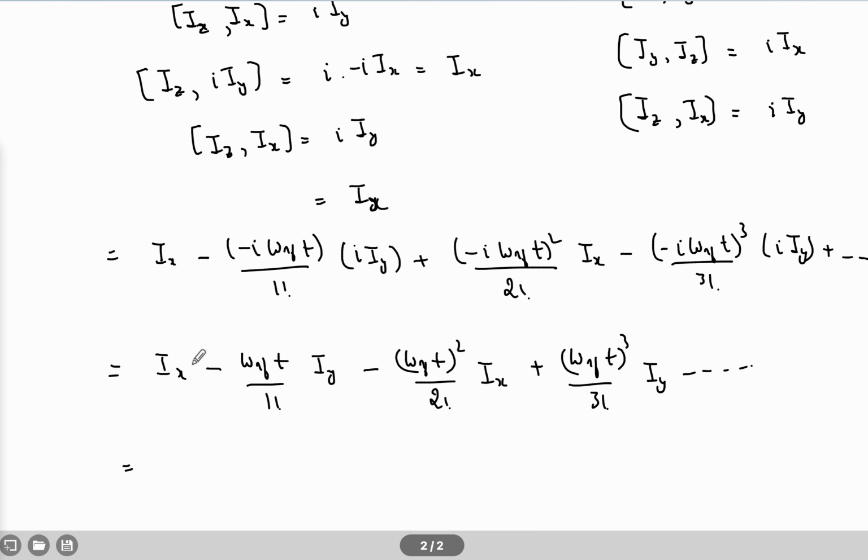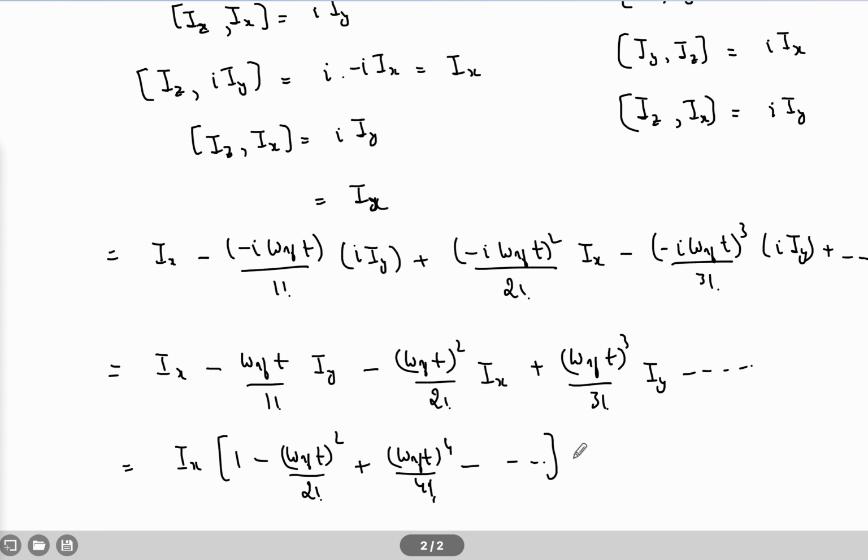Right? So if I separate out the components for ix, I'm left with 1 minus omega rf t square by 2 factorial, then this will be plus omega rf t to the 4 by 4 factorial, negative, and so on.